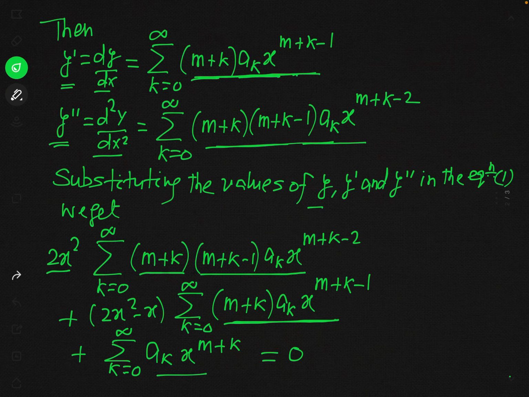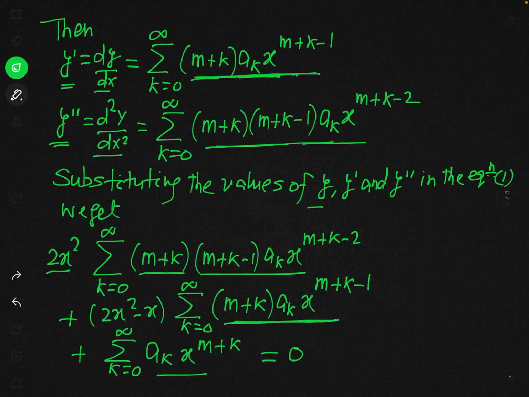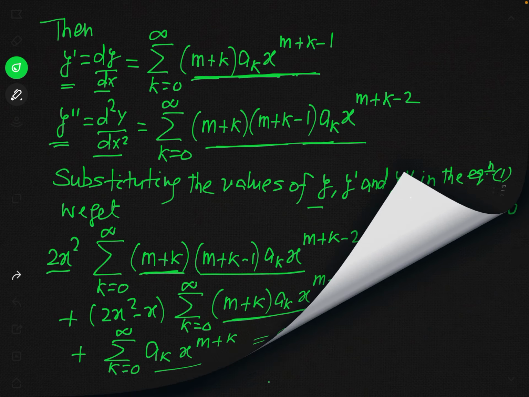Now, in fact, we will expand this series to a sum of terms. Let us see the first term. When we put k equal to 0, that is the first value of k, then m plus k will be simply m, and m plus k minus 1 will be m minus 1, and the power of x will be m plus 0 minus 2, that is, m minus 2.